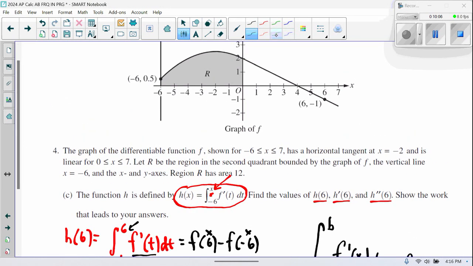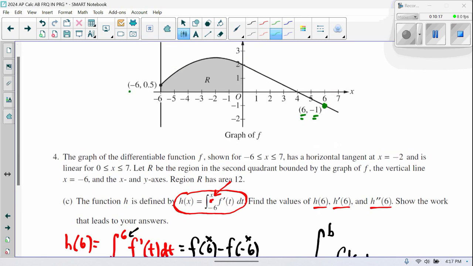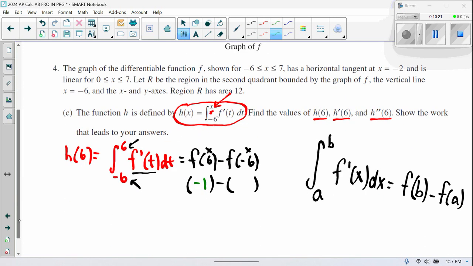When x is 6, y is negative 1. Here's that point. So negative 1 minus, what about negative 6? They give us that too. When x is negative 6, y is 1/2, minus 0.5. That'll be negative 1.5.